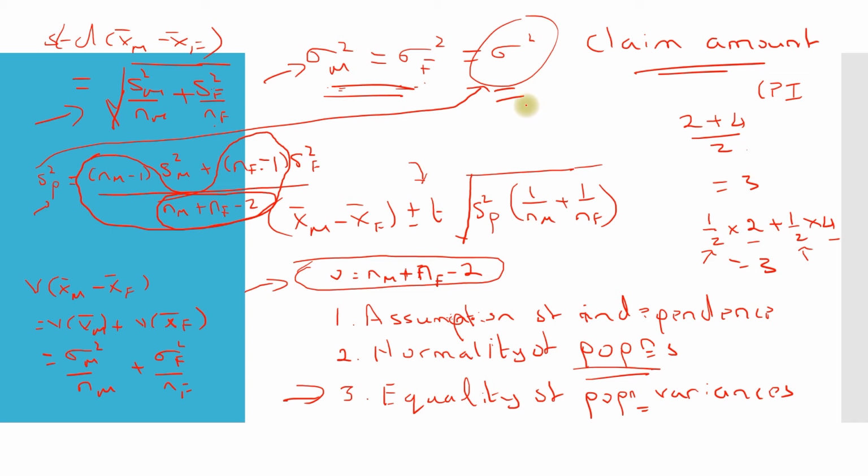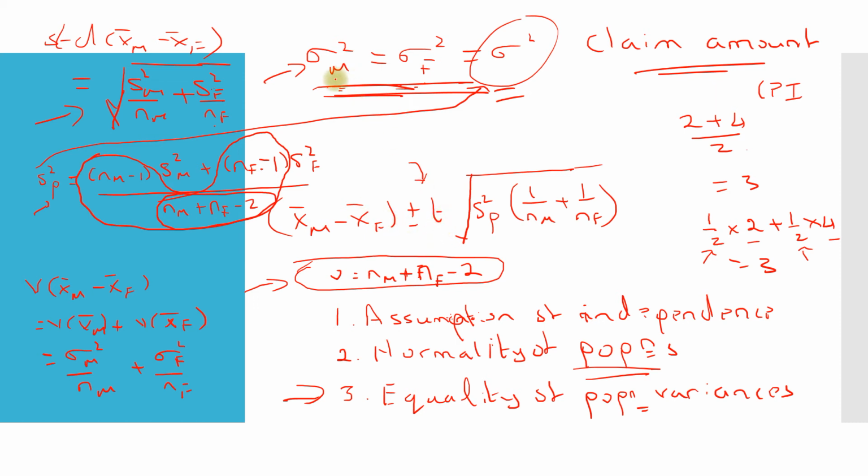All right. Now, I don't need to state that we are using the t, not only because we are dealing with a small sample, but because we don't know sigma squared. Here it is clear that we don't know sigma squared because we are making an assumption on them. If we are making an assumption on sigma squared, it means that it is unknown. So this is why we are using t.